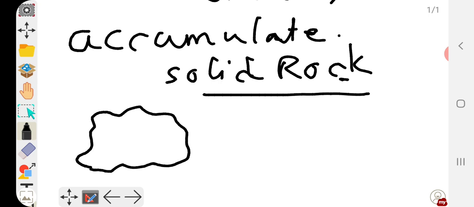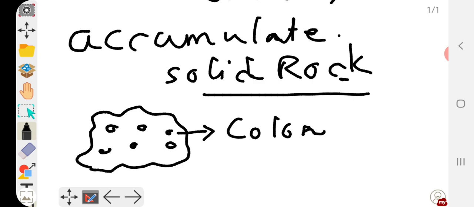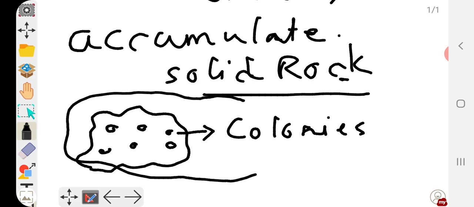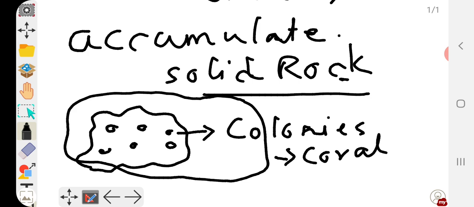I am just drawing a shape, and you can see it has small pores. In these small pores the microorganisms stay. It is the colonies of microorganisms. So this entire structure, when they accumulate and make a huge structure, is termed a coral island.